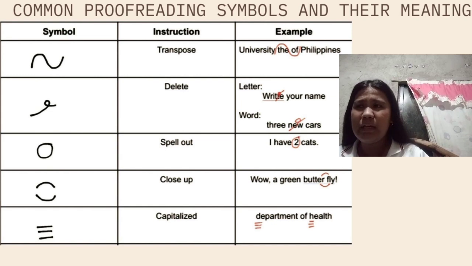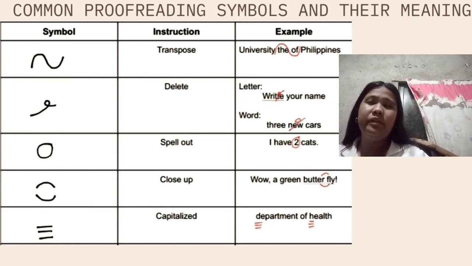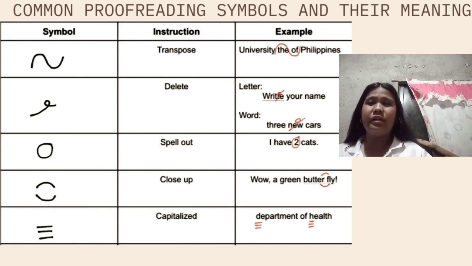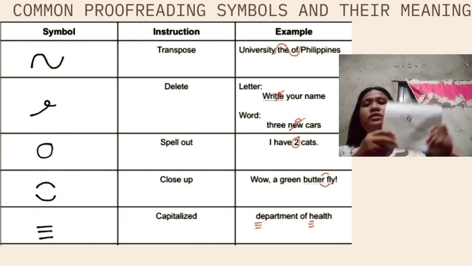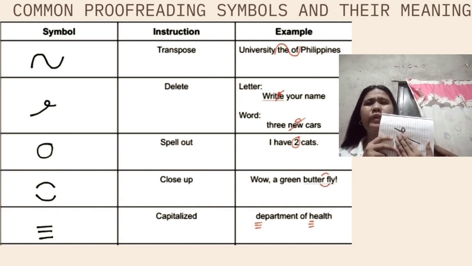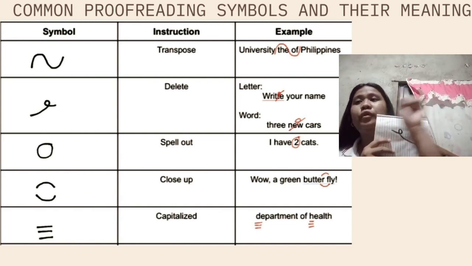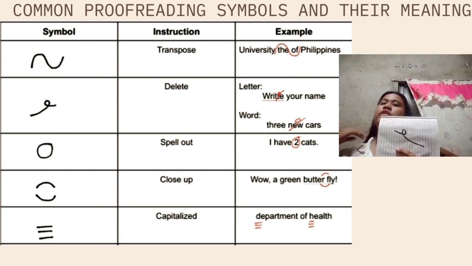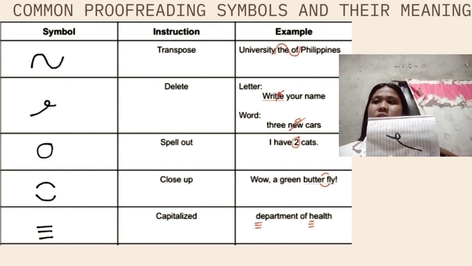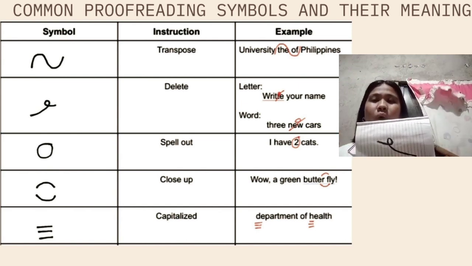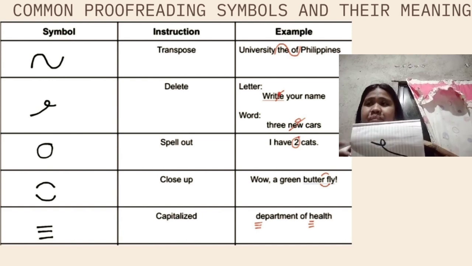As you can see, the word "write" is misspelled because there are two letter T's. You are going to put this symbol on just one specific letter T to tell that the word should only have one letter T.